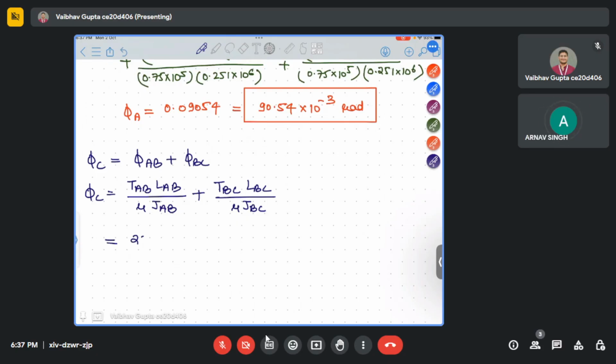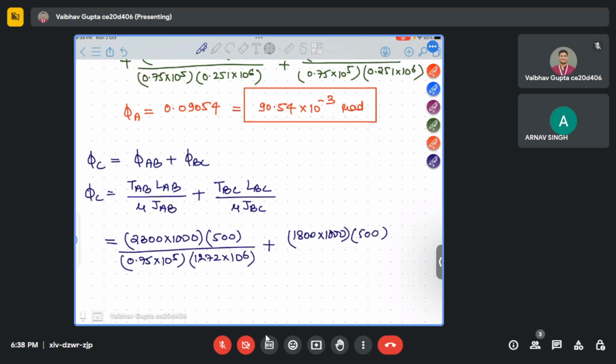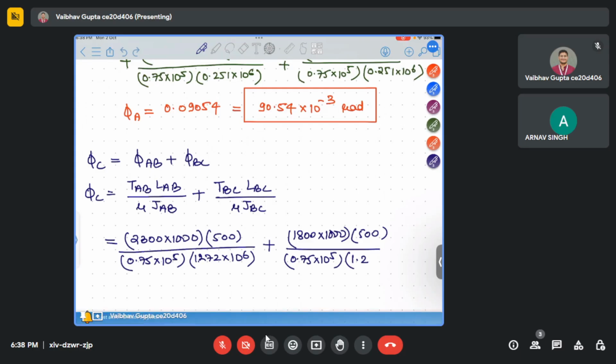TAB is 2300 into 1000, LAB is 500 given in the question, mu we calculated 0.75 into 10 to the power 5, and JAB is 1.272 into 10 to the power 6, plus TBC 1800 into 1000, LBC is 500, mu is 0.75 into 10 to the power 5, JBC is the same, 1.272 into 10 to the power 6.